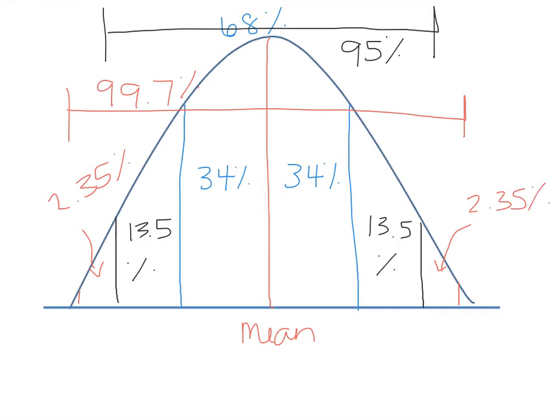So if I took 99.7% and subtracted that from 100, this itty bitty gap that you can barely see here at the edge would only be 0.15% of the curve, and this little bitty edge right here would only be 0.15% of the curve. So when you look at a standard bell curve, a normal distribution, it'll be 0.15%, 2.35%, 13.5%, 34%, then 34%, 13.5%, 2.35%, and 0.15%.